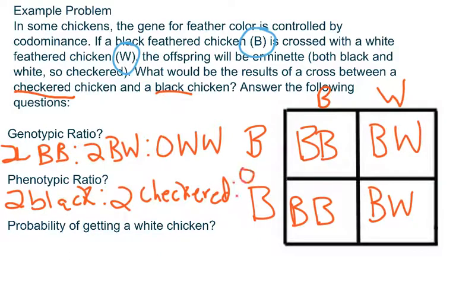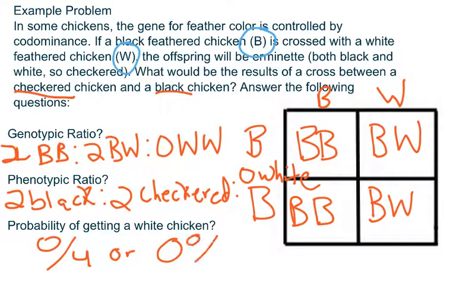And then we had 0 white. And then probability of getting a white chicken would be 0 out of 4 or 0%. You don't have any WWs in here. None. I hope this helps. If you have any questions, please email me.